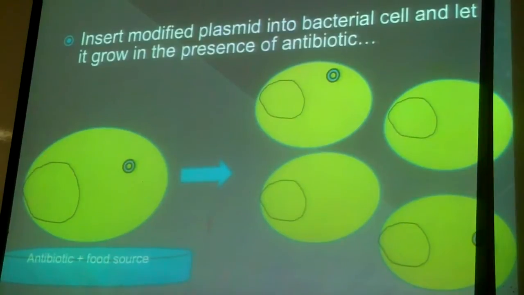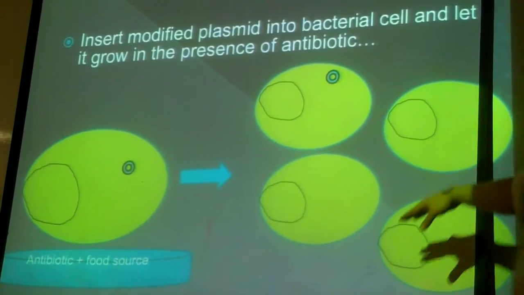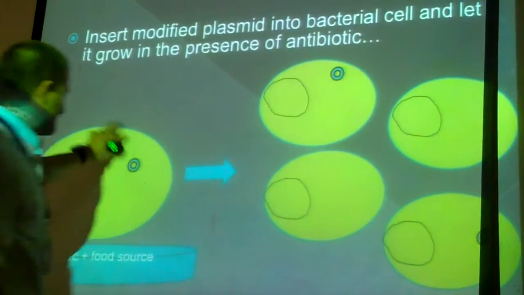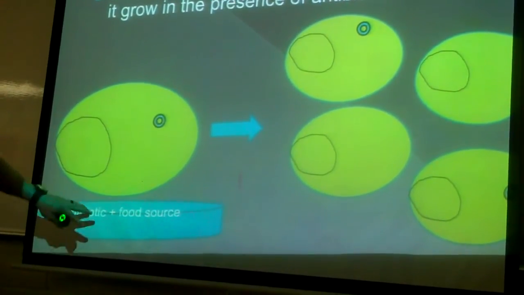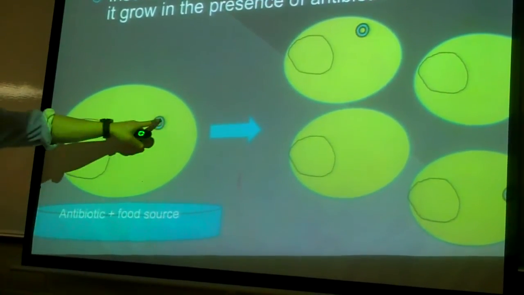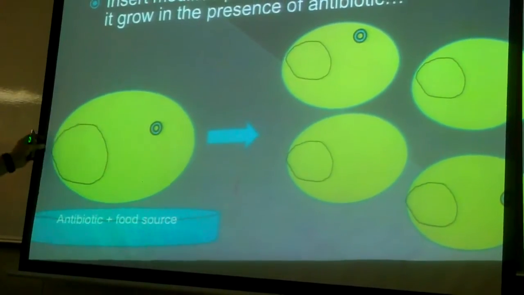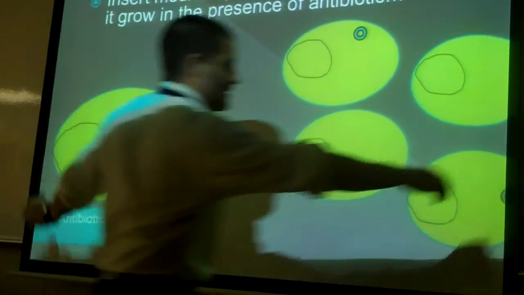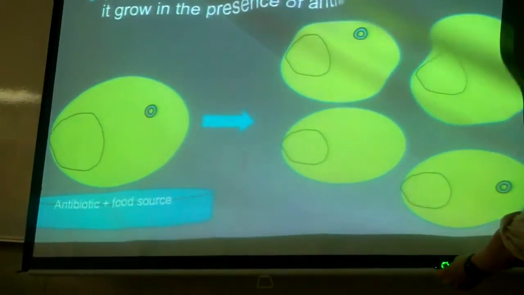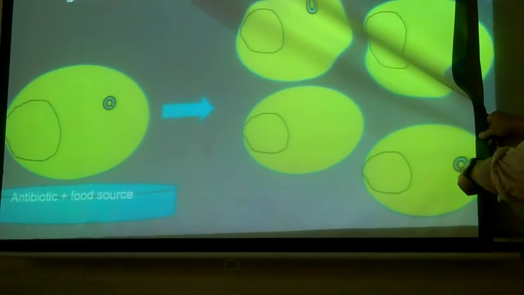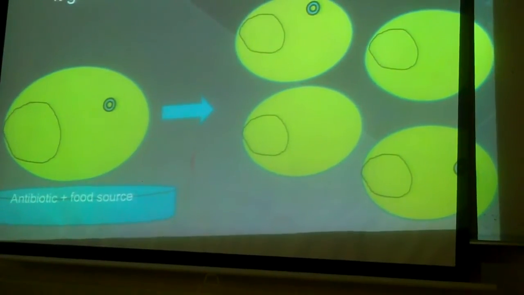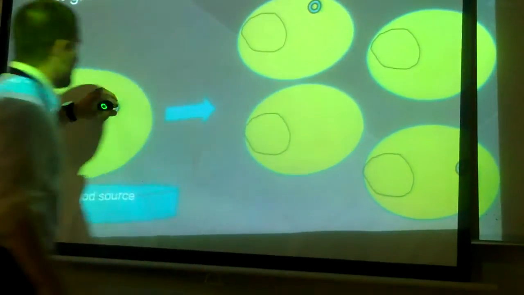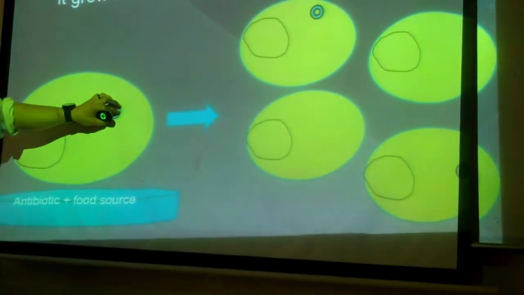Okay? So imagine I have an antibacterial agent right here and the food source. It's going to kill, and this is important, everything that doesn't have this little plasmid here. I don't know if you see this over here. You guys see that, how that guy has it too? Everybody seeing that? All right, good, because it kind of cuts it off and it's confusing. So notice, this has a gene that's not going to let the antibiotics kill it.